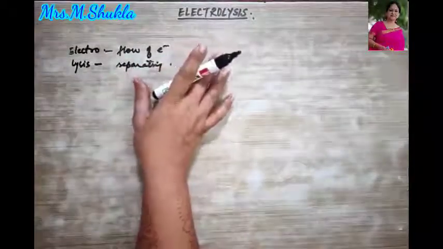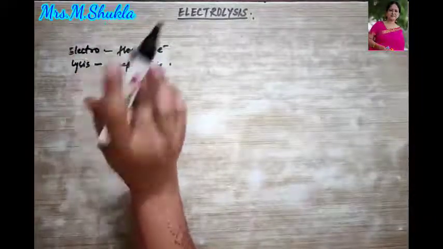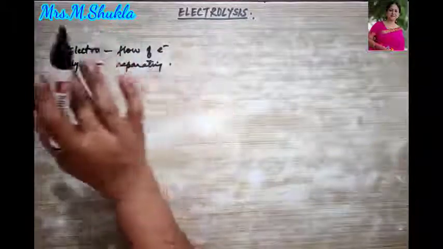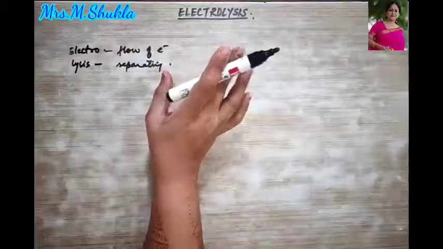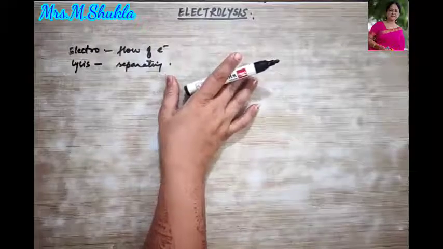So how can we define what is electrolysis? Electrolysis is that chemical process which allows electricity to pass through and forms ions in it. Is this point very clear?